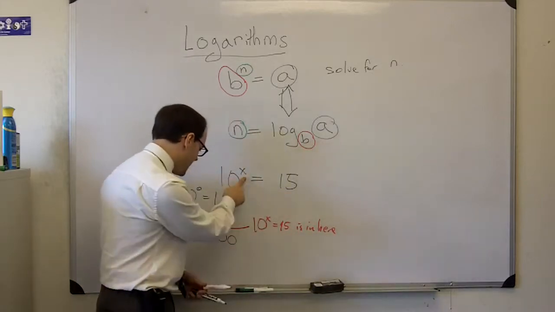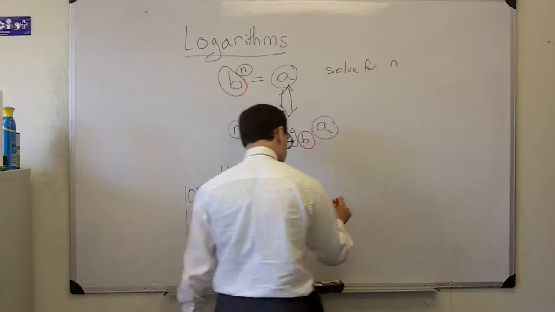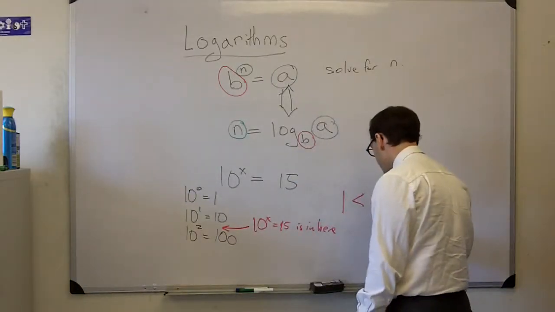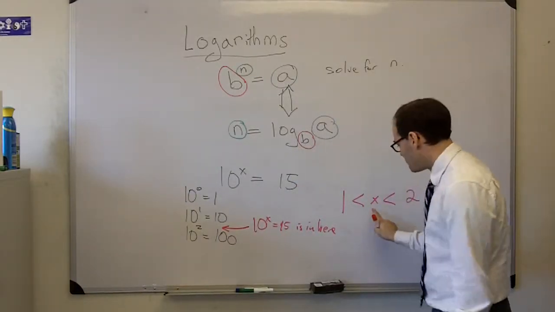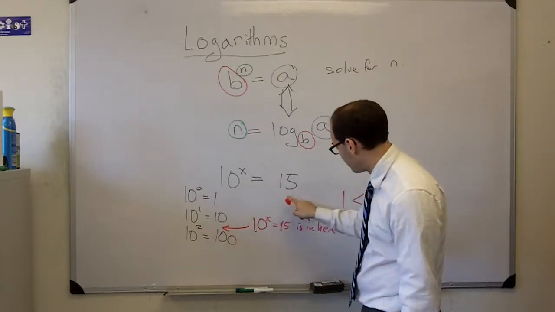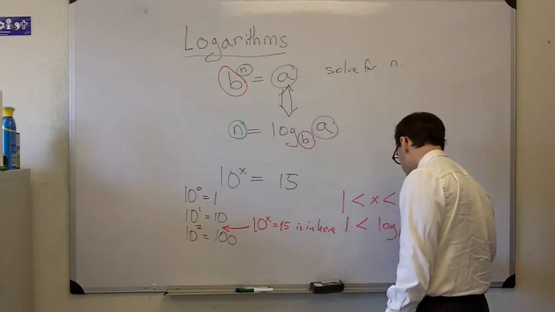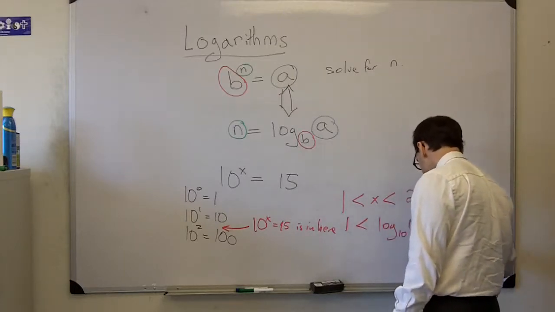Another way to say this is that x has to be between 1 and 2 somehow. Now what is x? x is the base 10 logarithm of 15. So 1 is less than the base 10 logarithm of 15, which is less than 2.